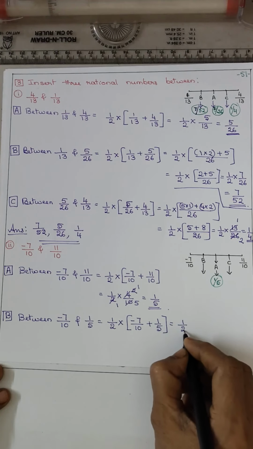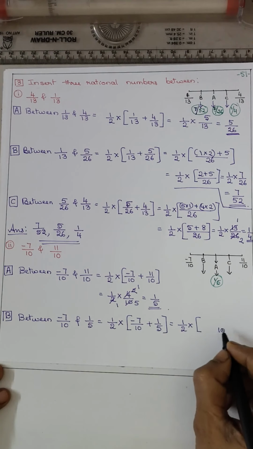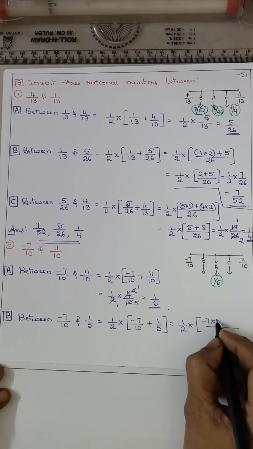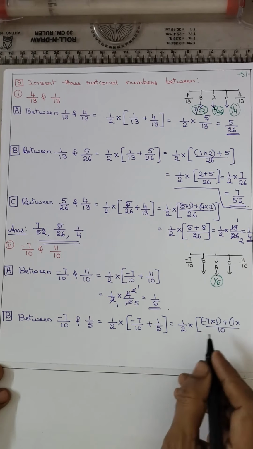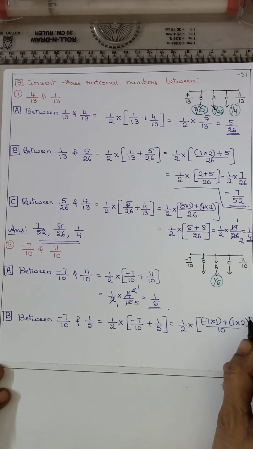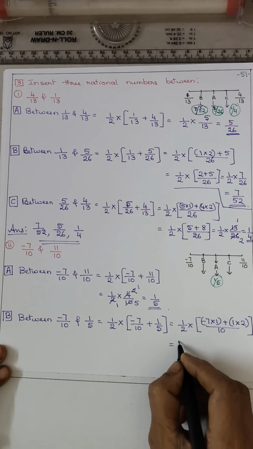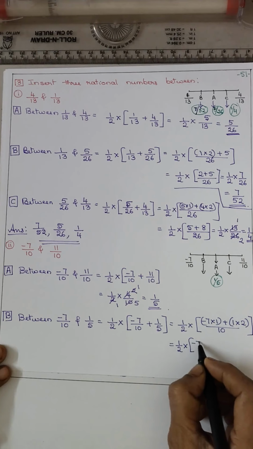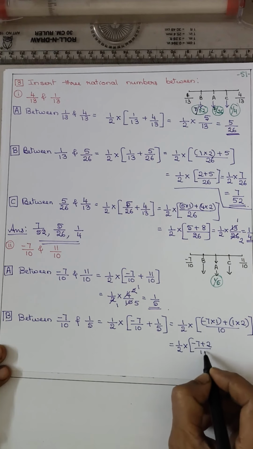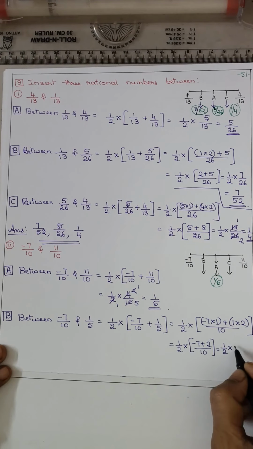Now 1 by 2 into the LCM is 10: minus 7 into 1 plus 1 into 5, 2s are 10. That is why multiply by 2. So now half into minus 7 plus 2 upon 10, that is half into minus 5 by 10.